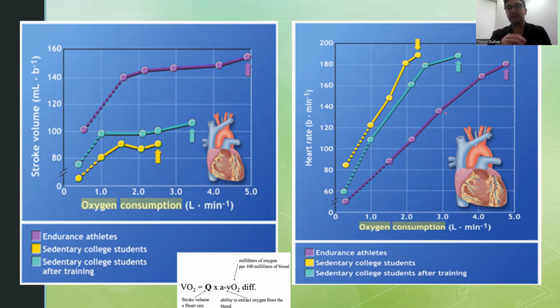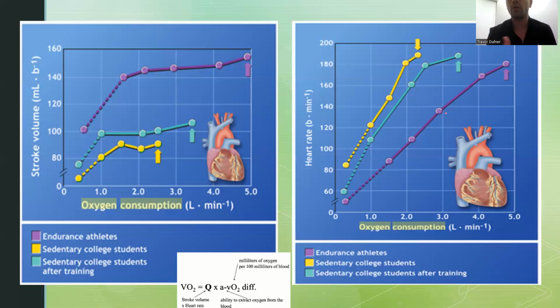If your heart rate is lower because your stroke volume is higher, that means the time in between each contraction is higher. So when the heart is beating, when the heart contracts, obviously blood cannot flow through it. But if we lower our heart rate at any given intensity, that means the time in between each contraction that allows the blood to reperfuse the myocyte and resupply the cardiac muscle cells with oxygen becomes longer, which means greater oxygenation, which allows for your heart to function more efficiently.